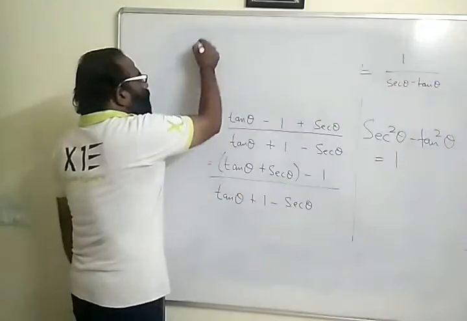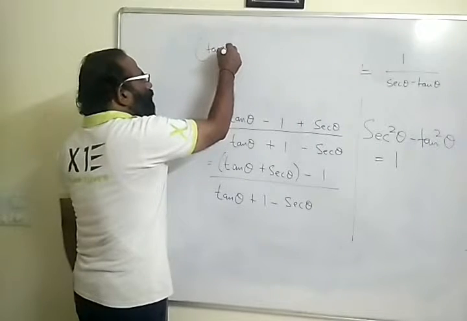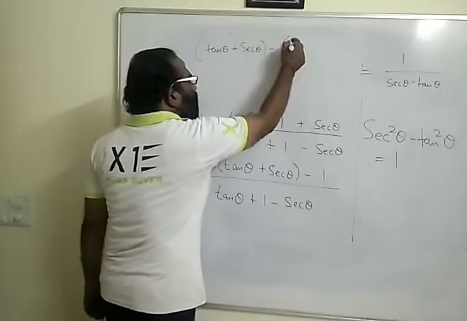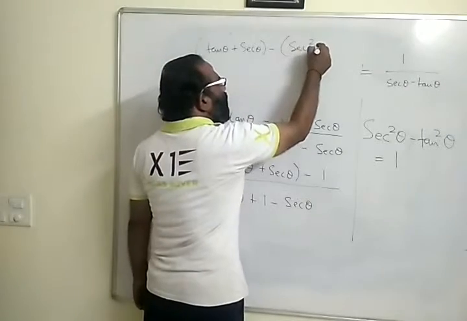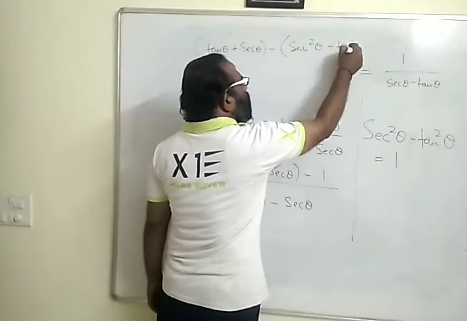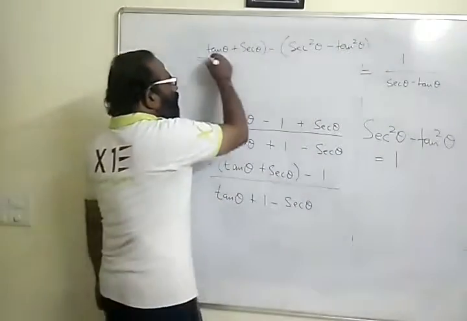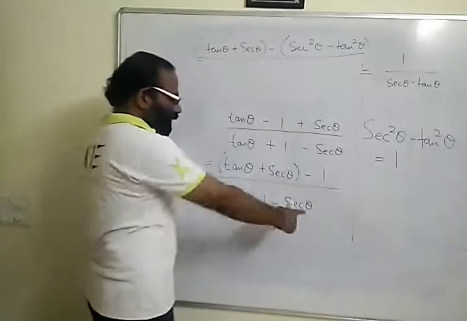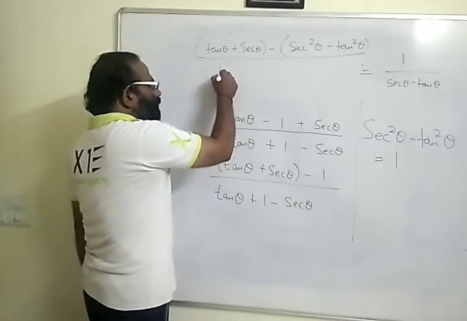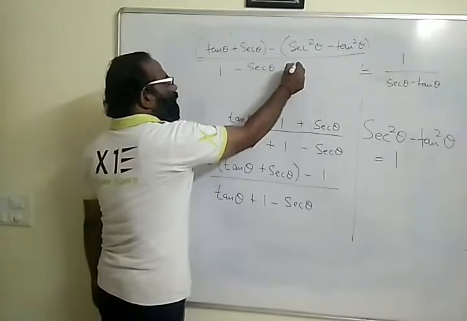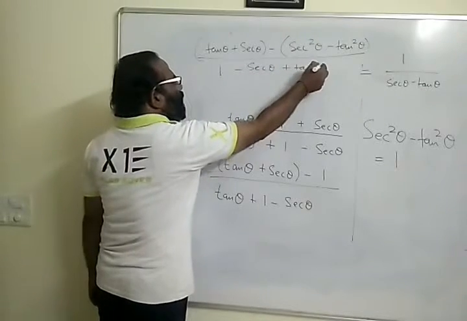So in the numerator, tan theta plus secant theta minus (secant squared theta minus tan squared theta). Why? We make no change in whatever is there. Let me just reorder it: 1 minus secant theta plus tan theta in the denominator.